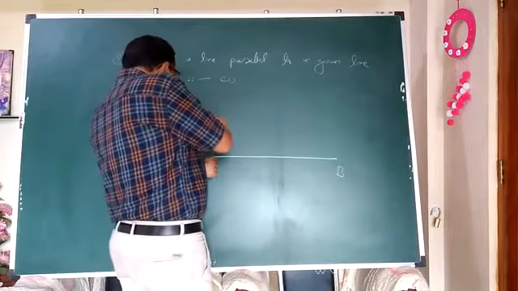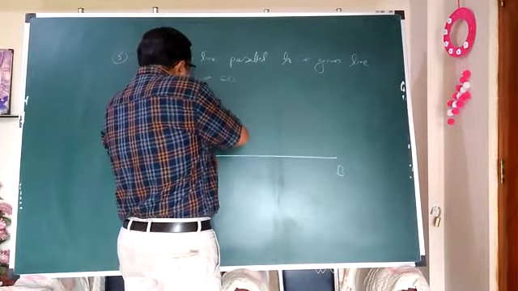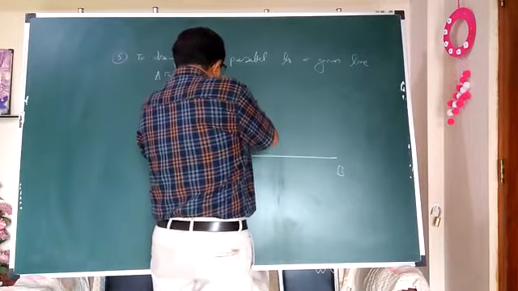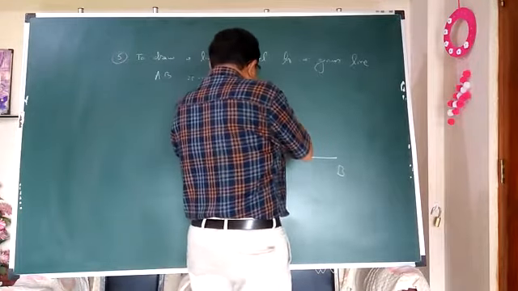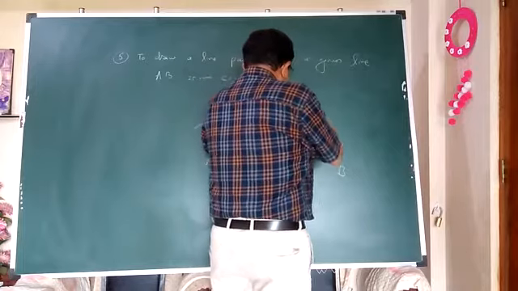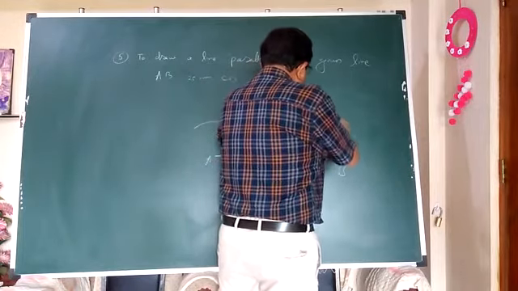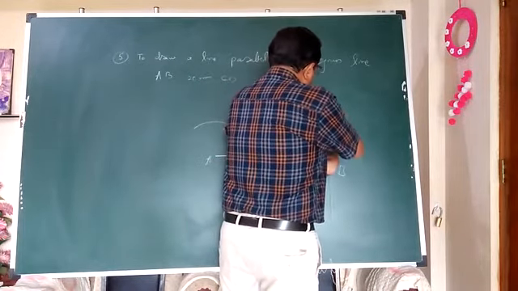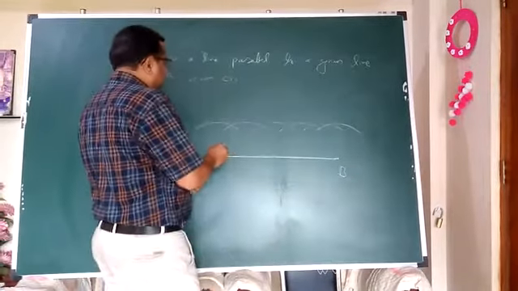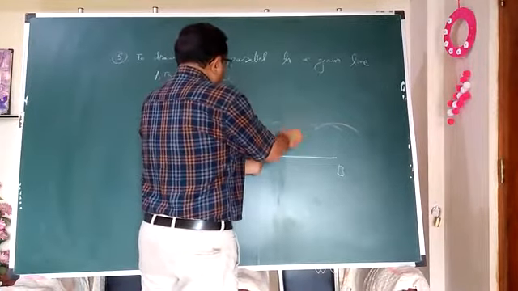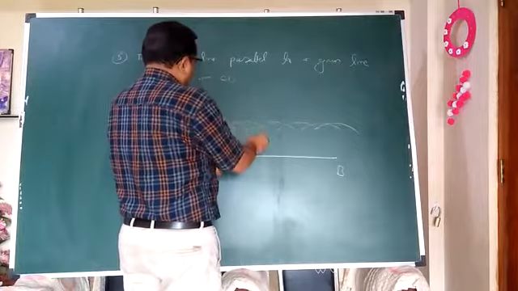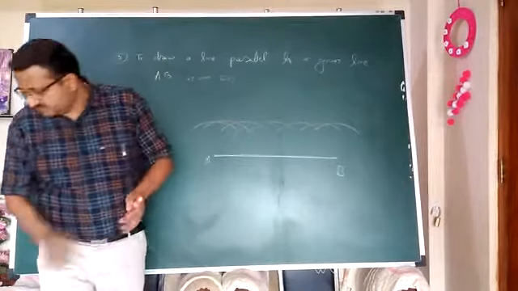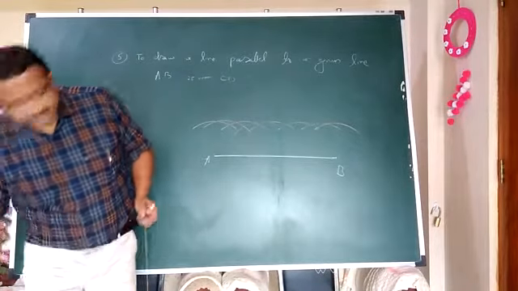And right from A, you go on constructing such arcs in this way above this line AB, at any distance randomly, 25 mm departed. Over.